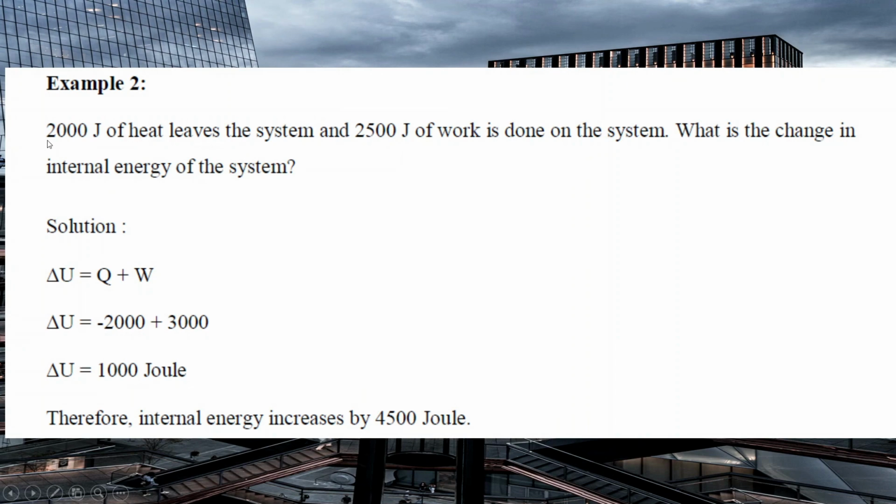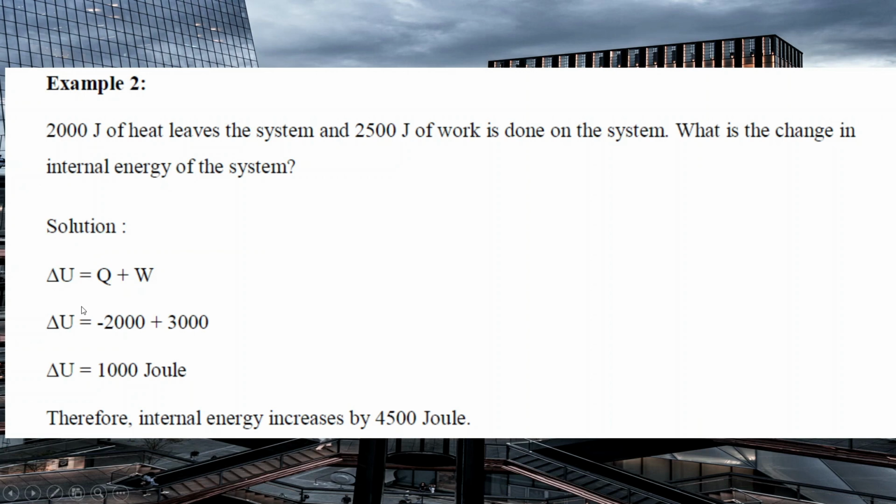We have 2,000 joules of heat leaving the system. Remember, it leaves the system, and 2,500 joules of work is done on the system. So what is the change in internal energy of the system? This much is done on the system, this one leaves the system. So the internal energy is Q plus the work, and since this one leaves the system, we need to have a minus sign, but the work is added to the system, done on the system, not by the system.